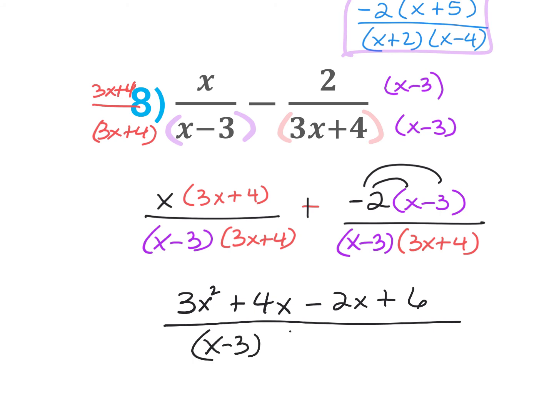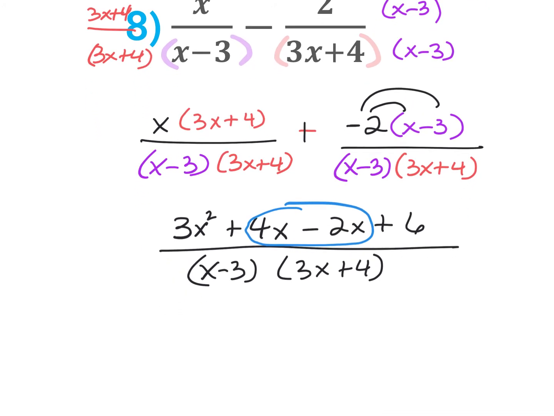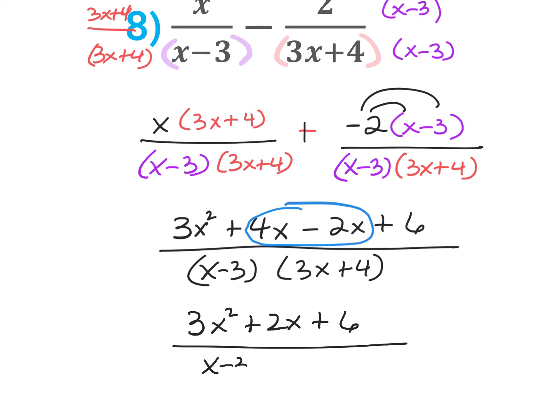Over x minus 3, 3x plus 4. Now I need to combine like terms in the numerator. So I can add or subtract 4x minus 2x. So now this becomes 3x squared plus 2x plus 6 over x minus 3, 3x plus 4.